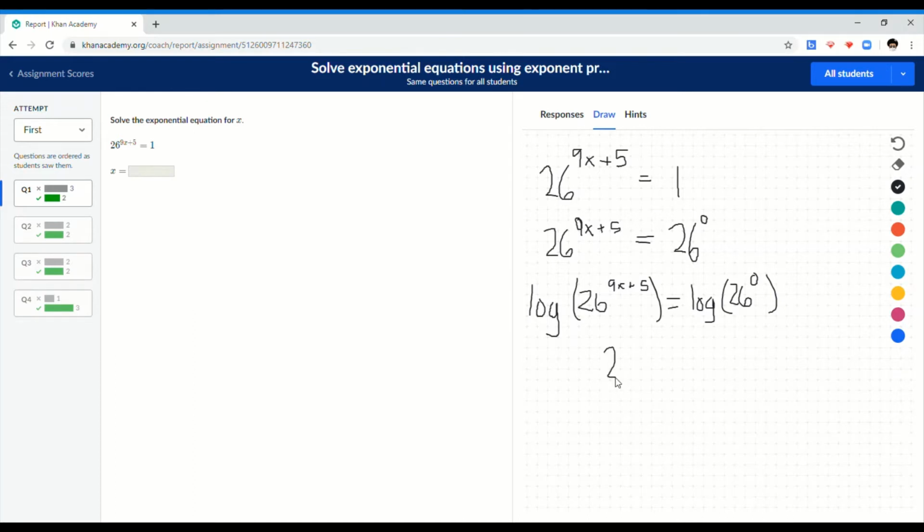And I'm looking at our 9x plus 5 has to now be equal to 0. Alright, well now this looks like algebra that's a lot more manageable. I want to solve for x, right?